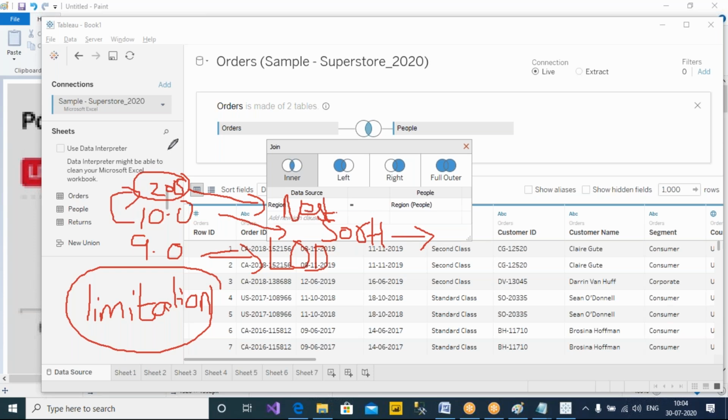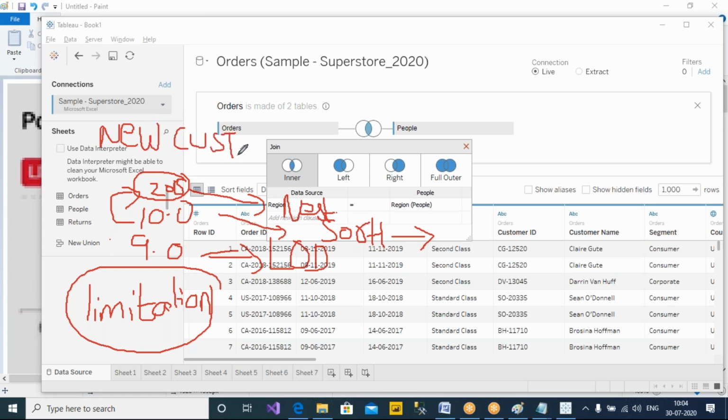Even when you are connecting to Excel in the 10 version, you will have the option of joins from Excel as well, and even an option of writing custom SQL queries.